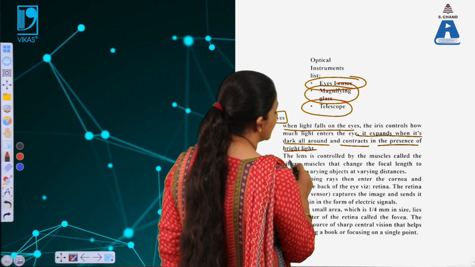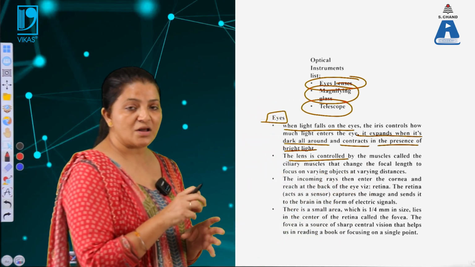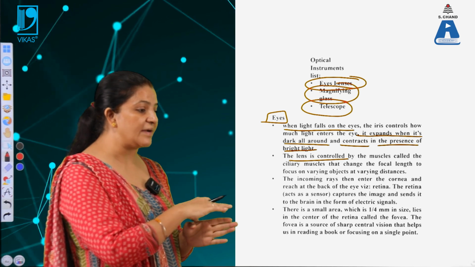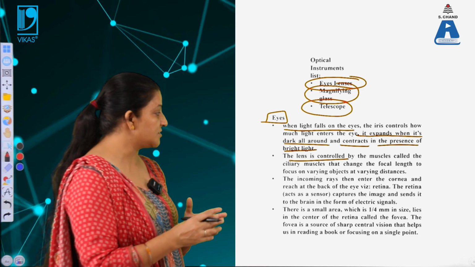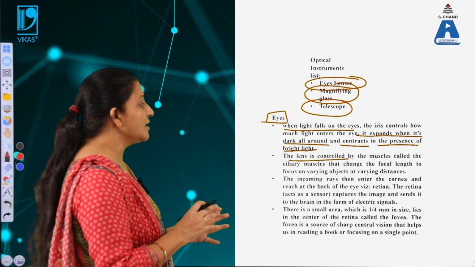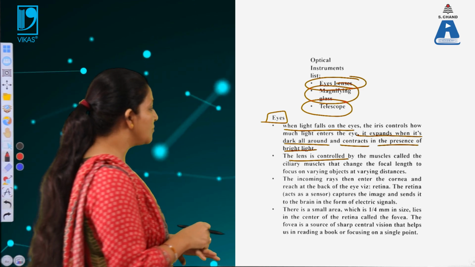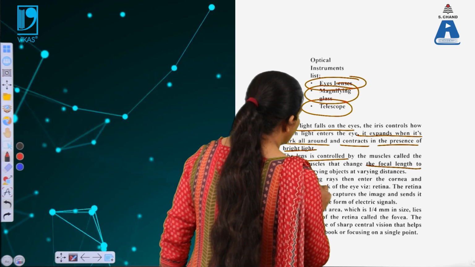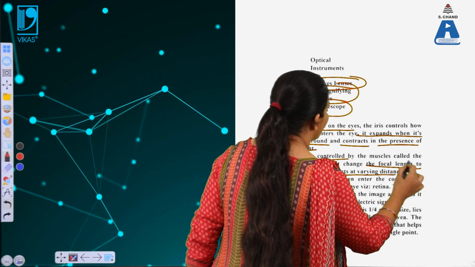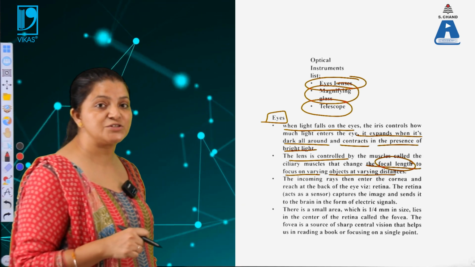We know that in the eye, the lens controls how the light falling on our retina is focused. Firstly, the light falls on the muscles of our eye, and by these muscles the focal length of the eye is varied. So what is the meaning of focal length? Focal length basically depends upon the size of the lens which is used.